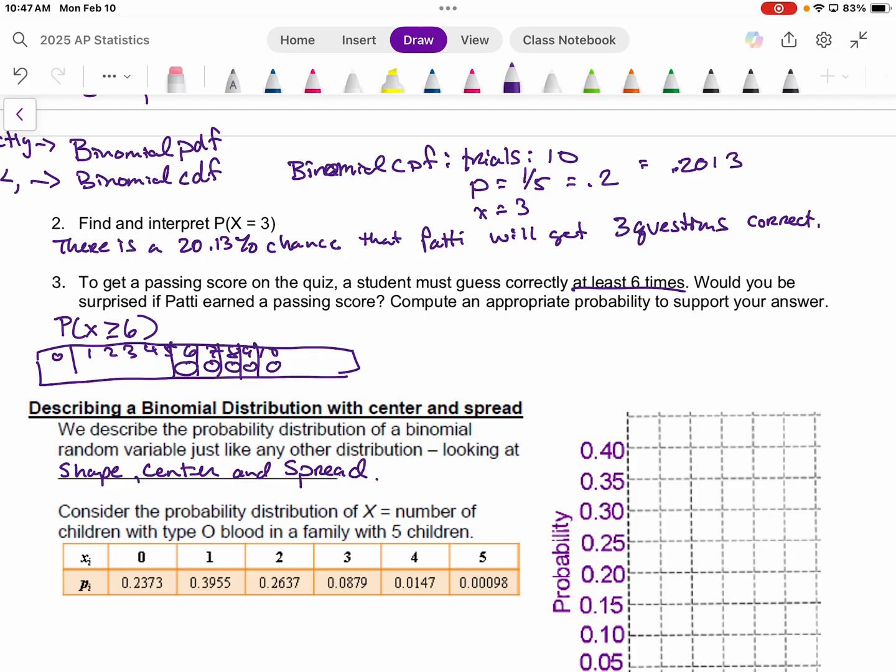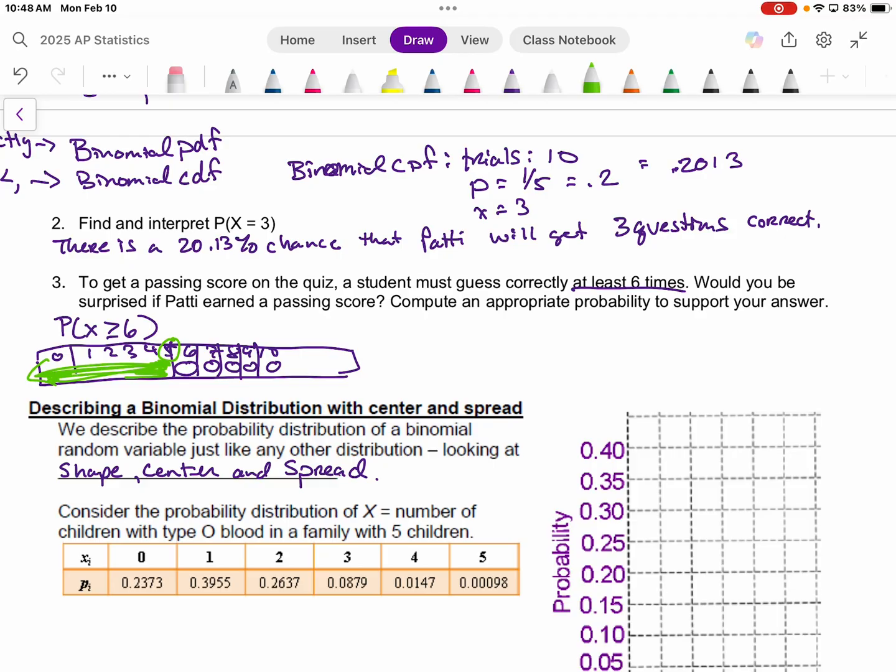But we don't have that table. So now I got to figure out how to get the calculator to do it. It is set up with the binomial CDF feature to only do what's to the left. So what I tried to show here by doing the 2 different colors is, if I want to do 6 or more, I need to figure out what 5 and less is and then subtract it from 1.